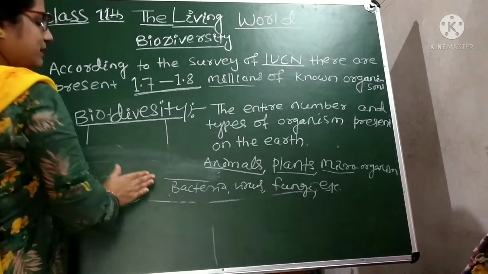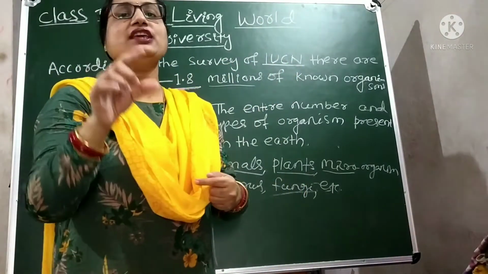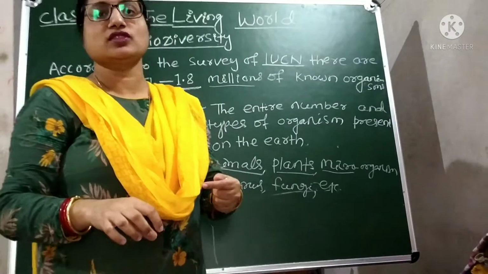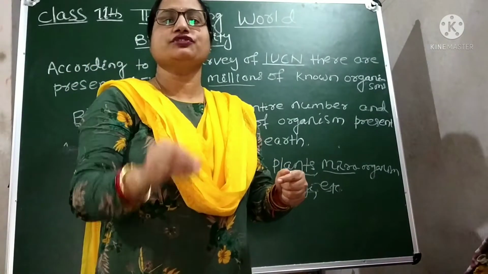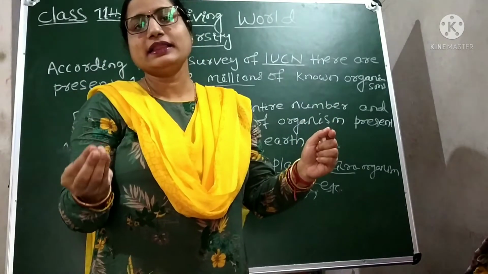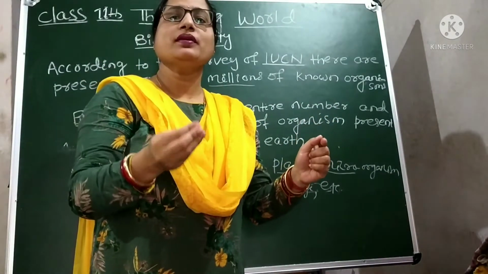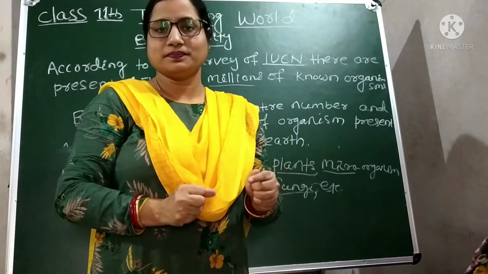As there are a huge number and huge types of living organisms on the earth surface, it is difficult for us to identify them and know about them and know the characteristics and the evolution about them.